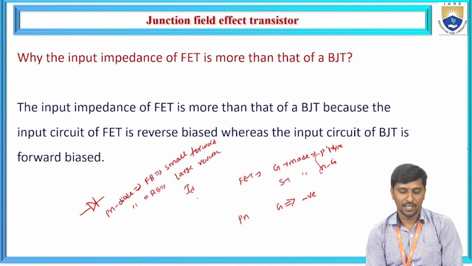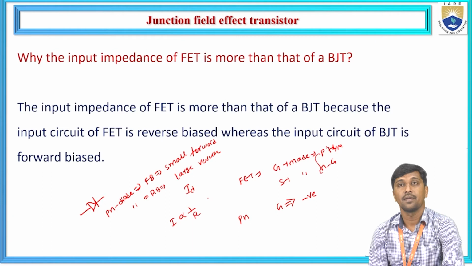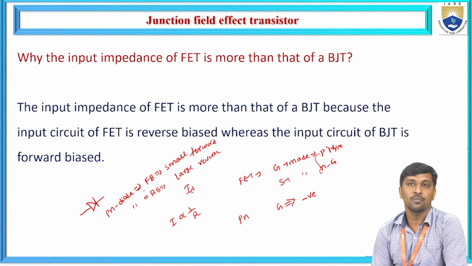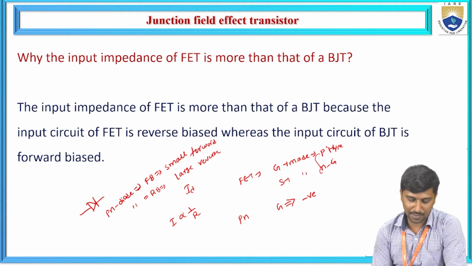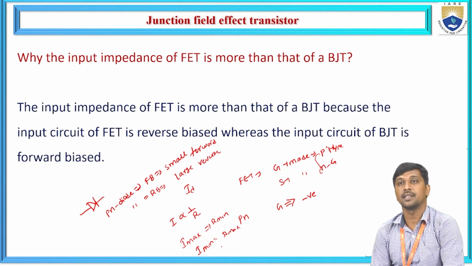So generally, as per Ohm's law, I is inversely proportional to resistance. Under forward bias, the diode allows the maximum current, so when I is maximum, R becomes minimum, and when I is minimum, R should be maximum. That is the reason.